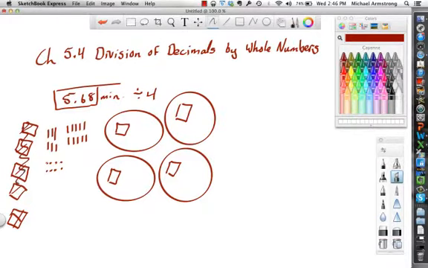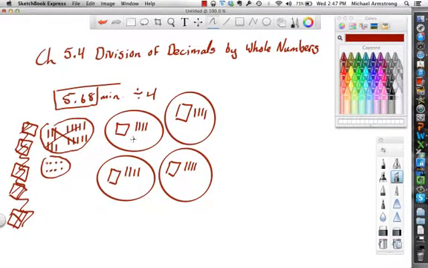All right, so we've gotten rid of all of our wholes now, but now we have 10 plus 6 is 16 tenths. Now 4 goes into 16 4 times. So if I put 4 in this one, 4 in this one, that's 8, plus another 4 is 12, plus another 4 is 16. So I've gotten rid of these now, and now I just have 8 hundredths left.